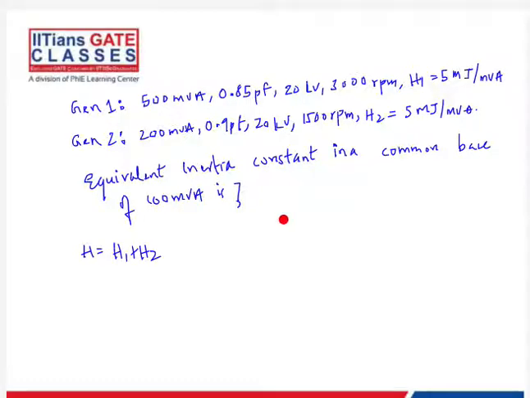First, you have to calculate H1 new, on the new base, as H1 old into old base divided by new base. Basically, we are calculating the kinetic energy stored with respect to this MVA and converting it with respect to the new base. We will get it as 25. And what is H2 new?